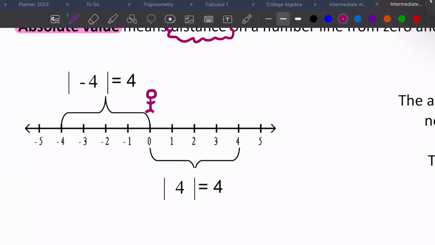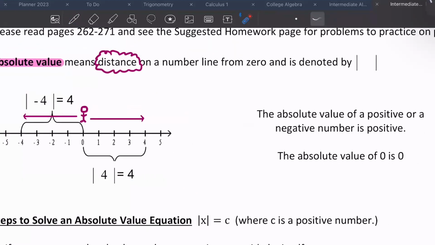If I'm at 0, let's say I'm on a sidewalk, I can walk 4 paces this way, or I could walk 4 paces this way. And would you agree that either way, whether I went to the left or to the right, I went a distance of 4 paces, right? That's why the absolute value of numbers is always positive.